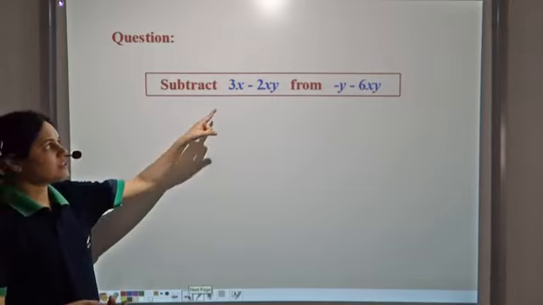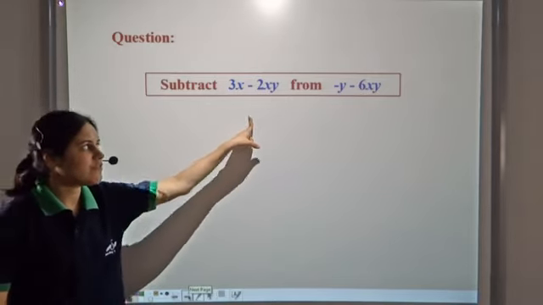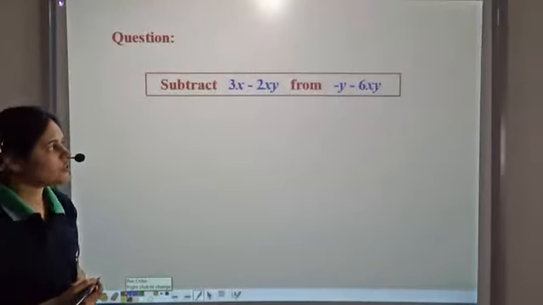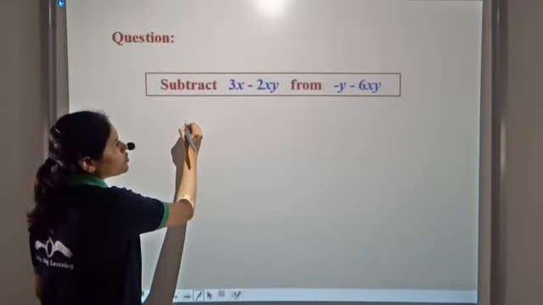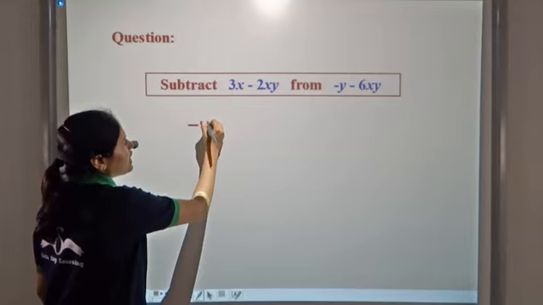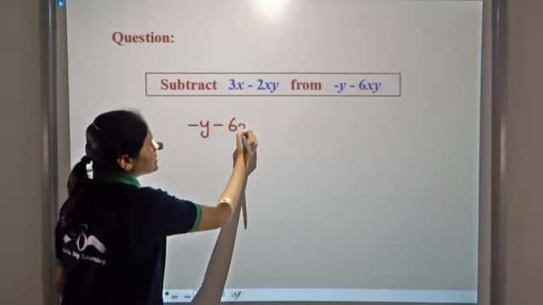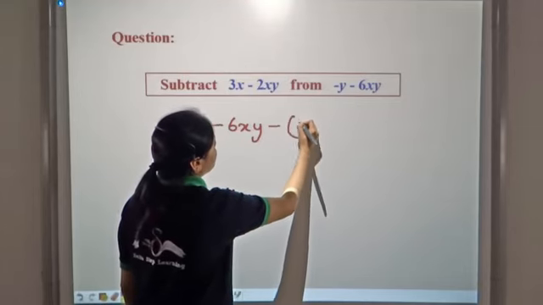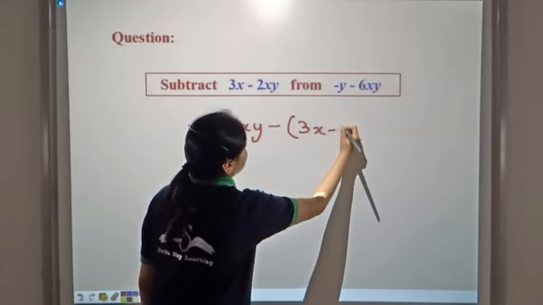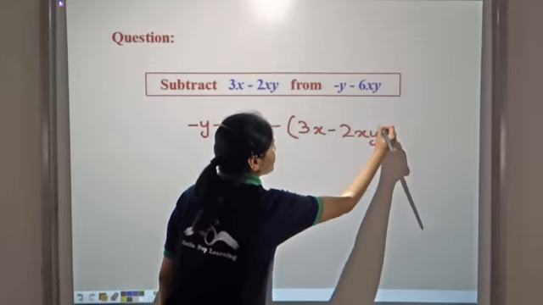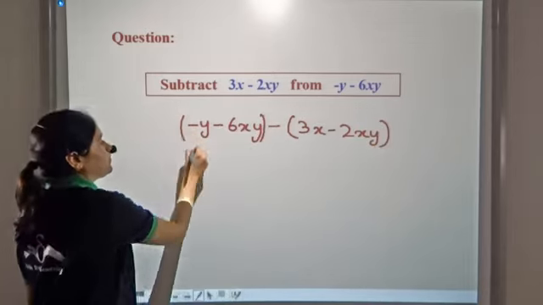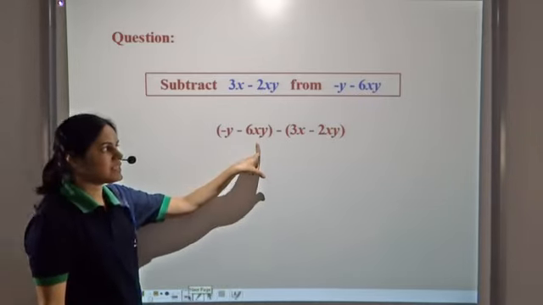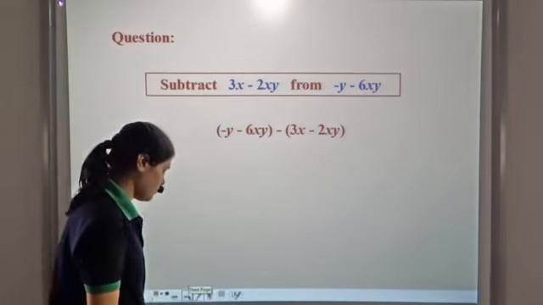Now subtract 3x minus 2xy from minus y minus 6xy. So let us try and do it. Which one should we write first? We should write minus y minus 6xy first, and we need to subtract 3x minus 2xy from that. So minus y minus 6xy minus this term.